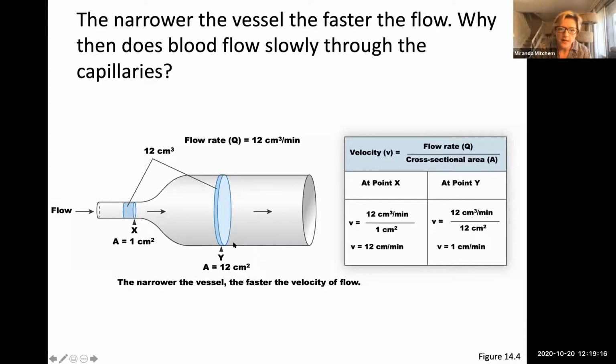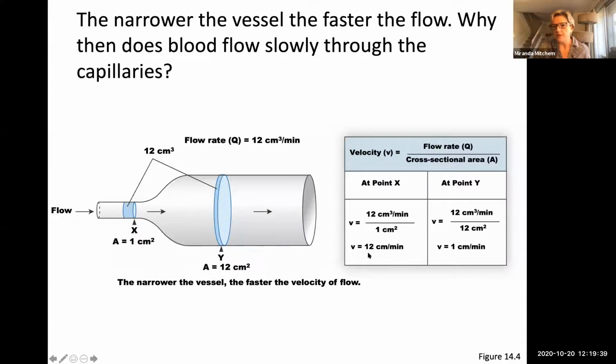Our body has ways to deal with this in our normal physiology, but it also has ways to get us back to homeostasis in the event that we're off track. So the take-home message here is the narrower the vessel, the faster the flow rate.